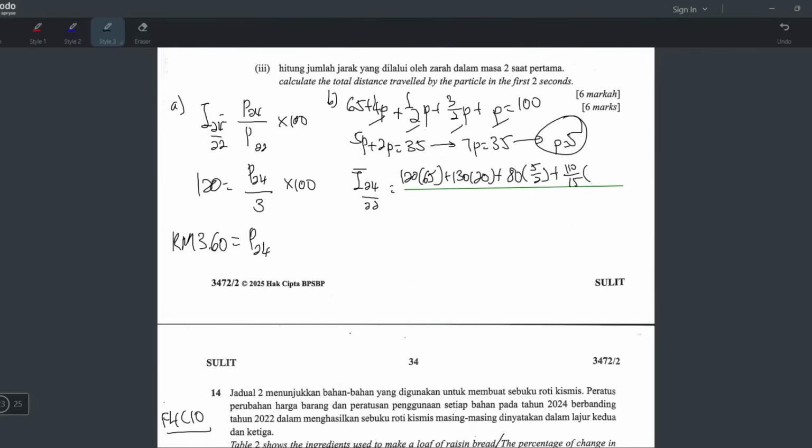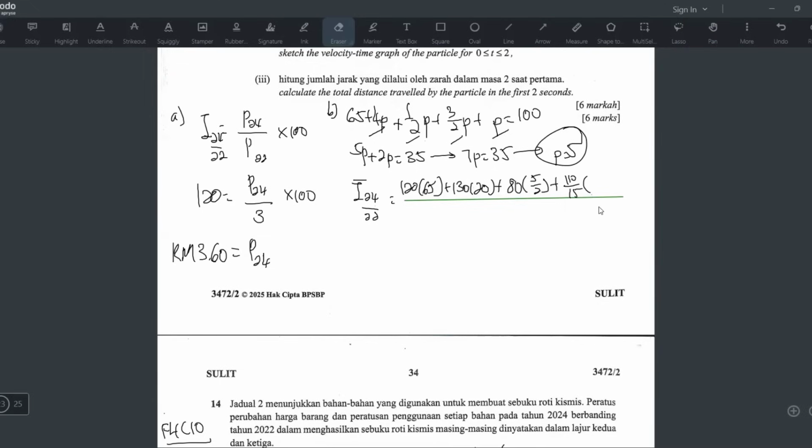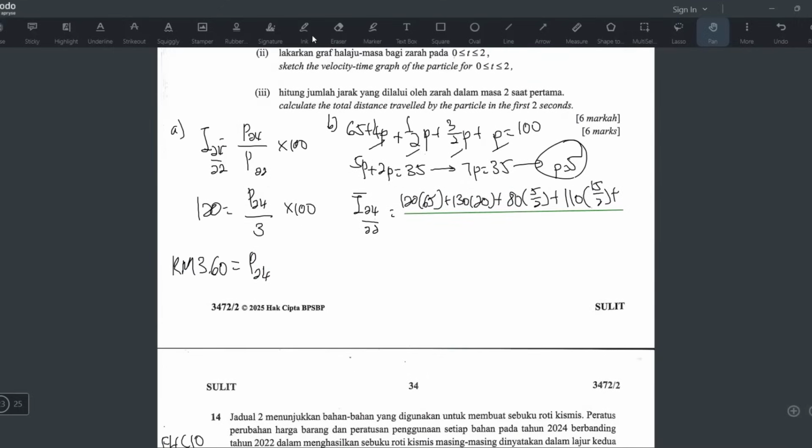Sorry, 110 times 15 over 2. And then plus, last one, 90 times 5. Okay. Alright, now with that, we can divide by the total frequency, which is the total percentage, 100.